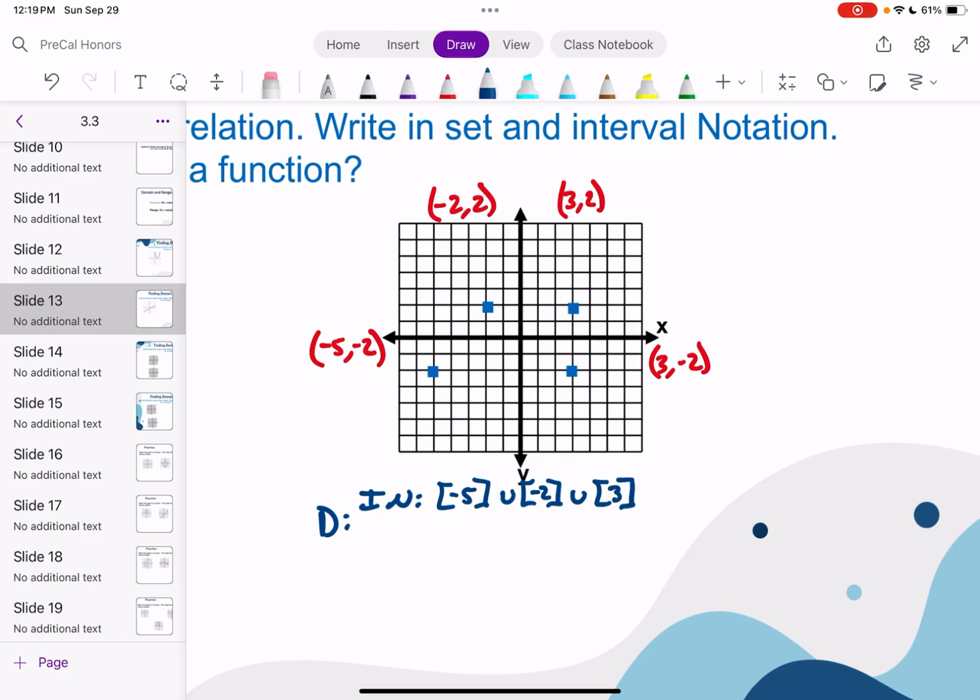Now keep in mind, 3 is written down twice because we have (3, 2) and we have (3, -2), but we are only looking at the x values. So since 3 is being written down twice, we only have to write it down once. If we were writing this in set notation, we would write this as x such that x is equal to -5, -2, and 3.